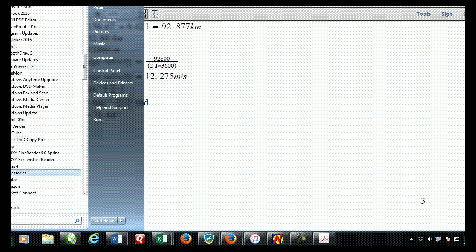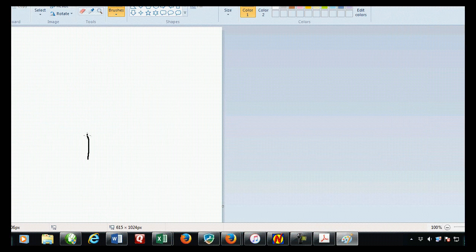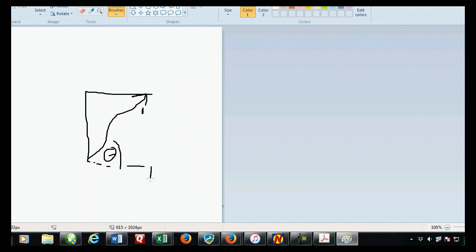Jump down here to accessories. Let's go to Paint. You know he's going north, then he went east. Here's your final vector, which tells me that my angle is right here. That's my theta. So that is north of east.